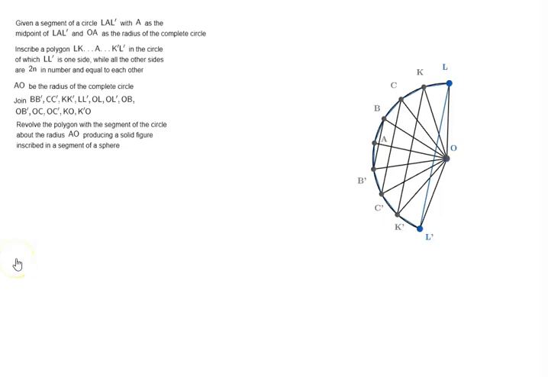So I'll do it one by one so that we can see it clearly. So the segment of the sphere is generated by the revolution of the segment of the circle. Now let's revolve the polygon.